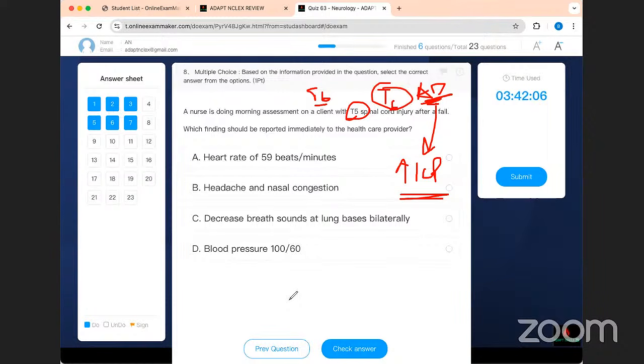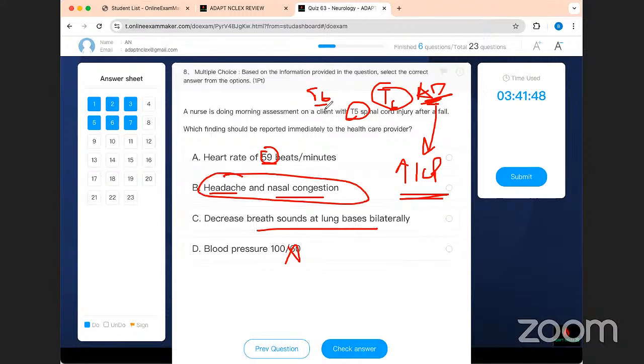So when they have autonomic dysreflexia, they're going to be hypertensive. They're going to be bradycardic, but this is not that bad, 59. Compared to headache and nasal congestion, this is bad ICP. Decreased breath sounds at the lung bases are expected because spinal cord injury is suspected, so that's not an airway issue.